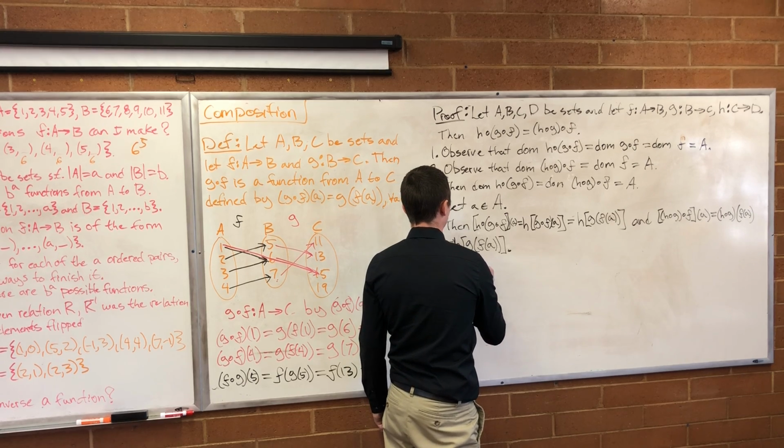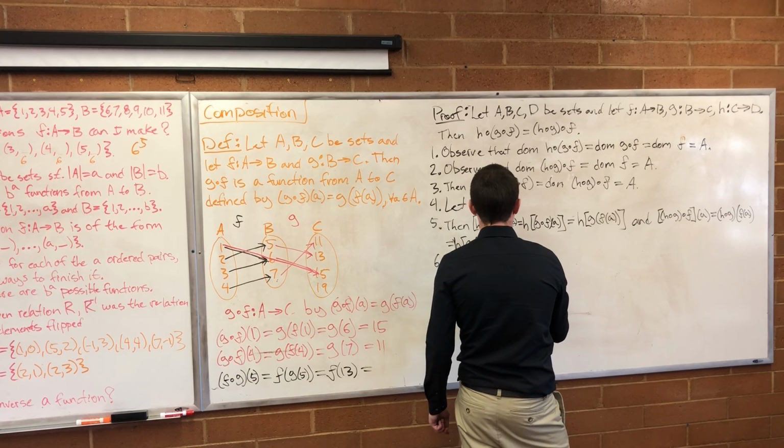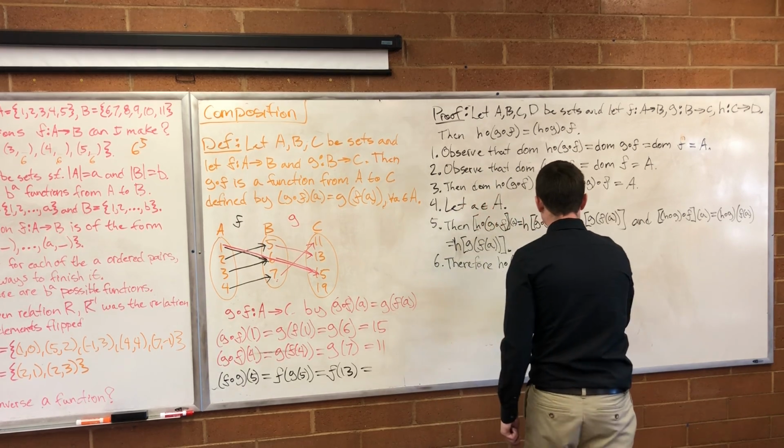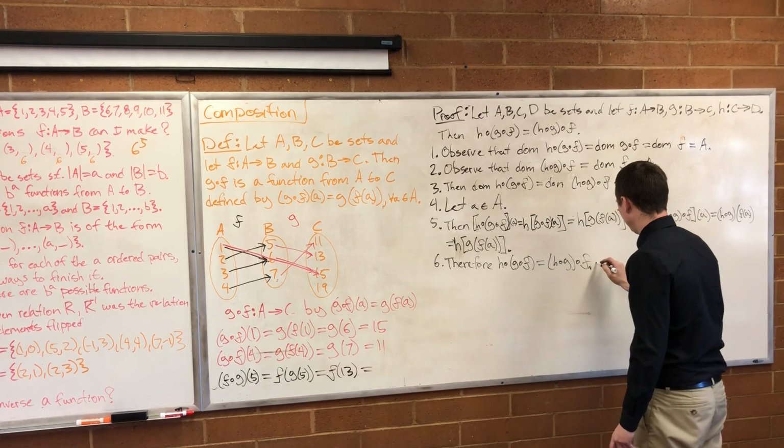Therefore, the two functions are equal. Therefore, h composed with g composed with f is equal to h composed with g composed with f. Any questions on that proof?